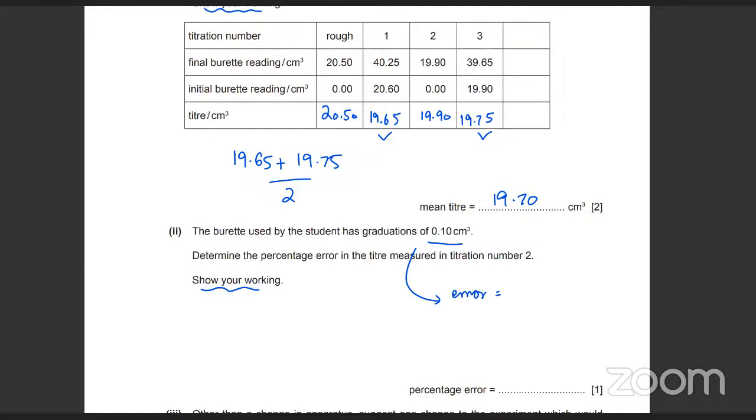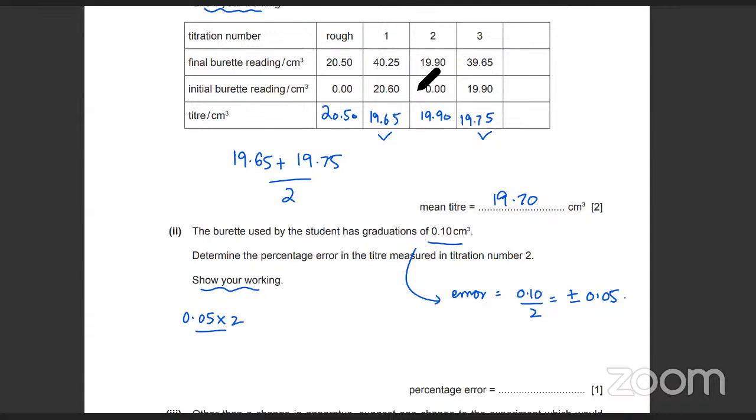The error is the smallest graduation divided by 2, so it's plus or minus 0.05. But also remember that titer values are calculated using the difference of 2 values. When you take a difference, the error adds up. So the actual error is now 0.05 times 2.